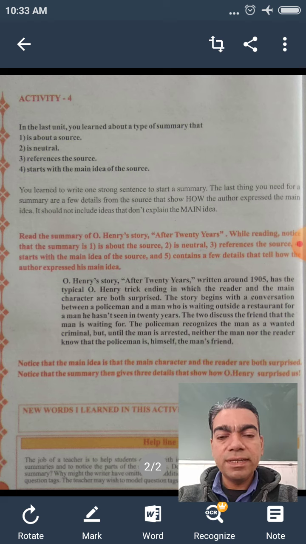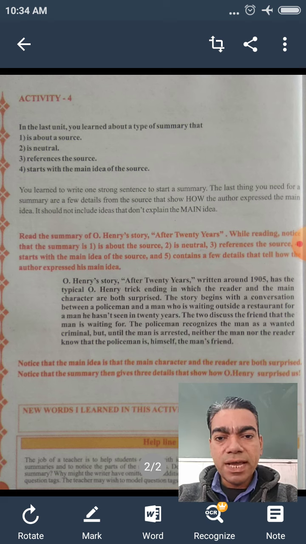In the last unit, that means in the first unit about Tom Sawyer, which we have already discussed, we have seen all these points: about the source, neutral, reference the source, and fourth, starts with the main idea of the source. These four points we saw in that chapter.